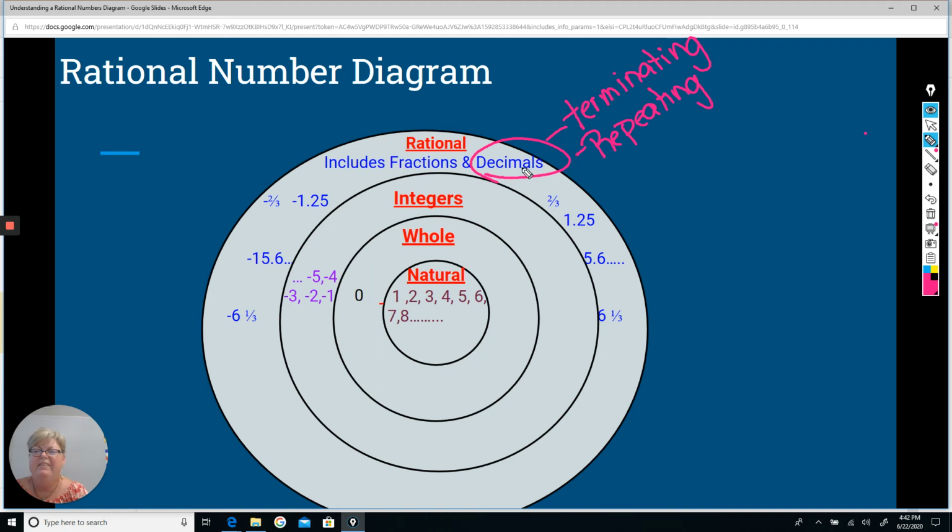And you're probably wondering, well, isn't that all the numbers? No, we have some irrational numbers. I'm going to just write to the side. It's numbers that never end.